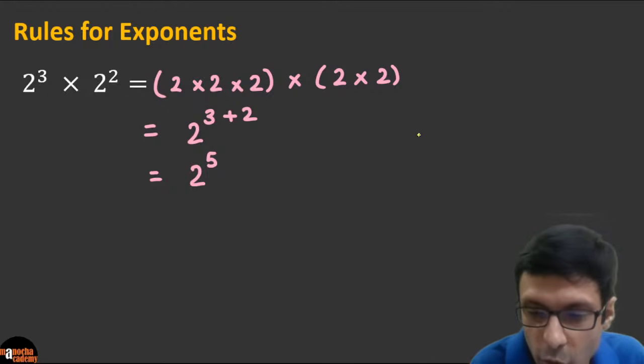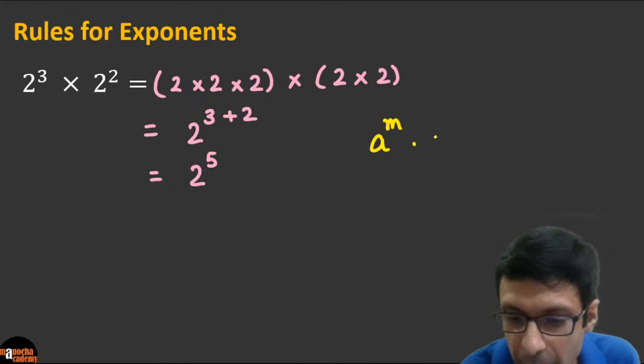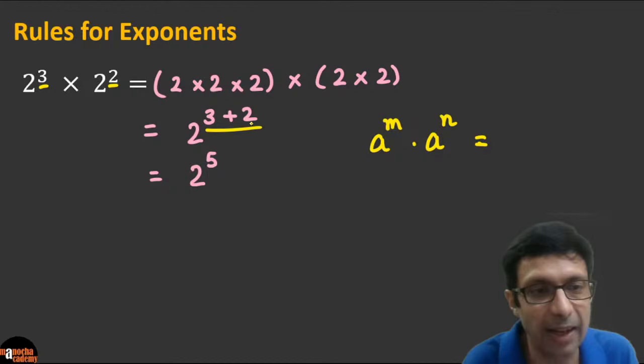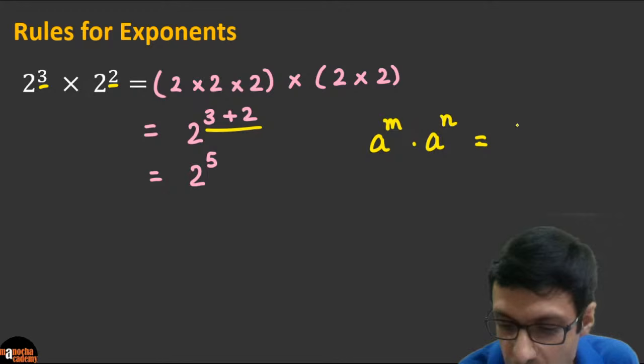So we can make this general rule, guys. So what is the general rule going to be? So let's write it here. So if you have a number a to the power m, right, and you multiply it with another number a to the power n, you can basically add up the powers like we did here. So 3 and 2, the powers got added up and it's 3 plus 2. Very good. So what is this rule?